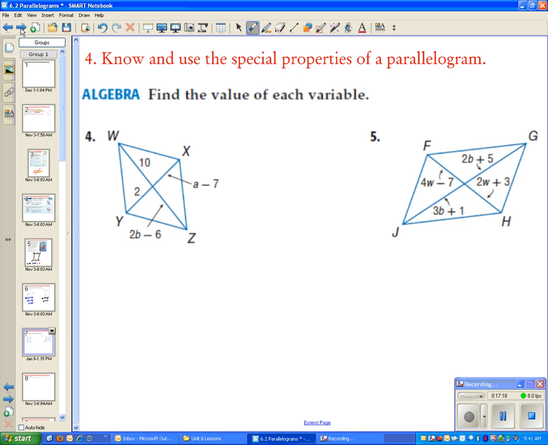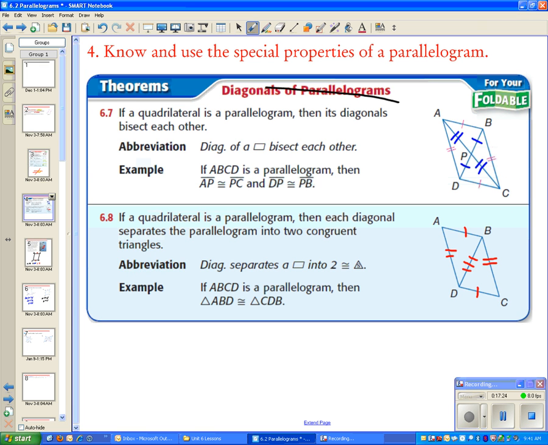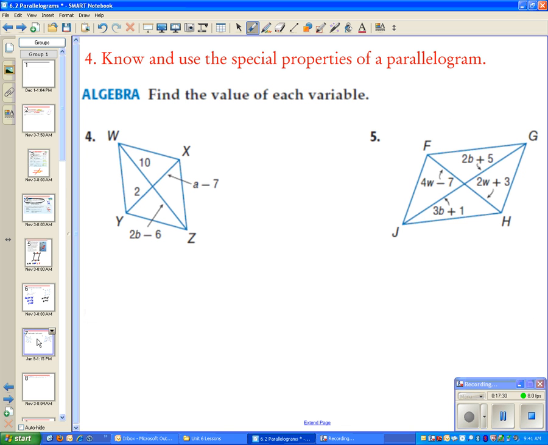What do they do to each other? They bisect each other. Okay, they cut each other into 2 equal halves. So here on number 4, that segment is congruent to that segment because that diagonal got bisected, and that segment's congruent to that segment because that one was bisected.